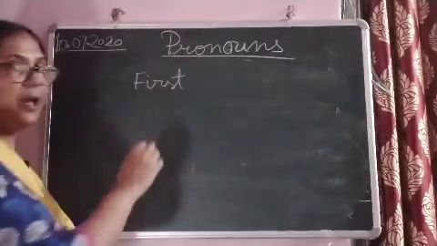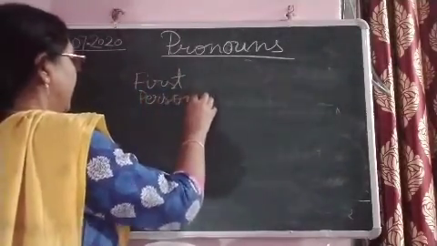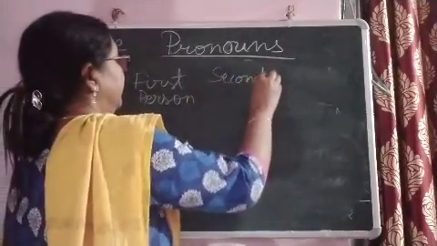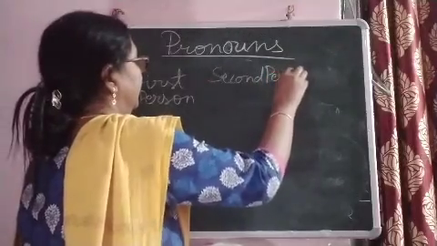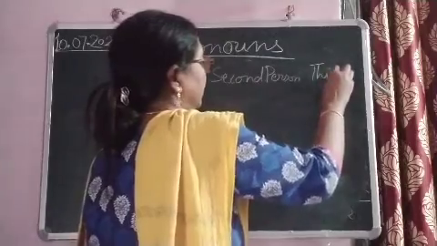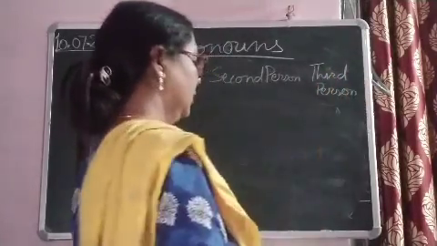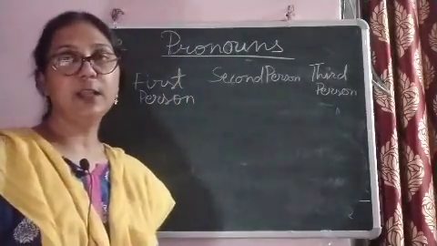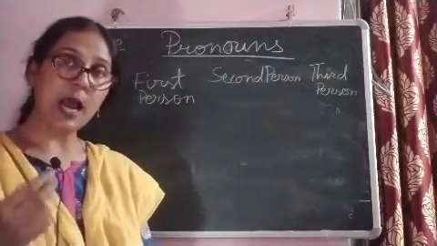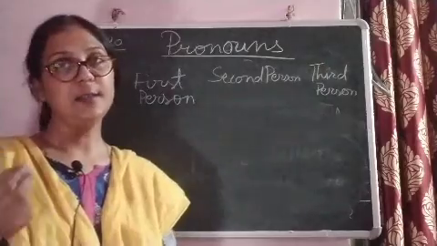As you all know, we have studied first person, second person, and third person. Have a look. First person: I, me and mine, and its plural is we, ours, us.